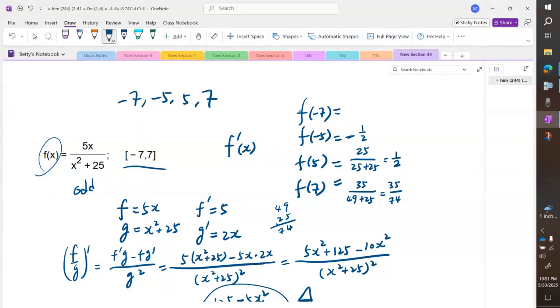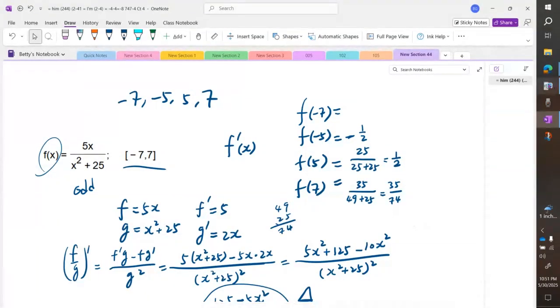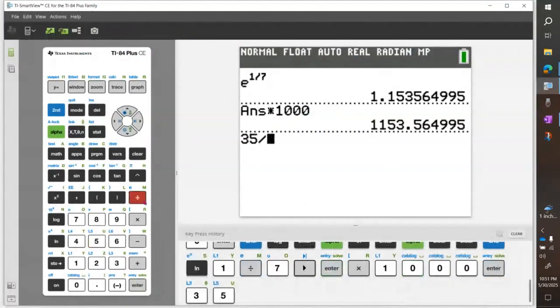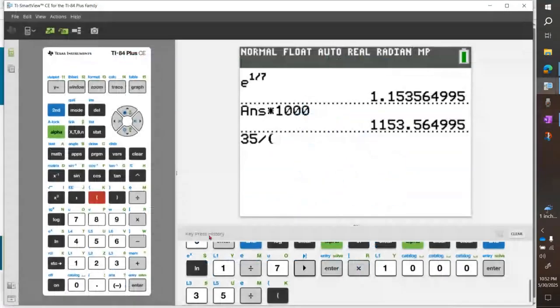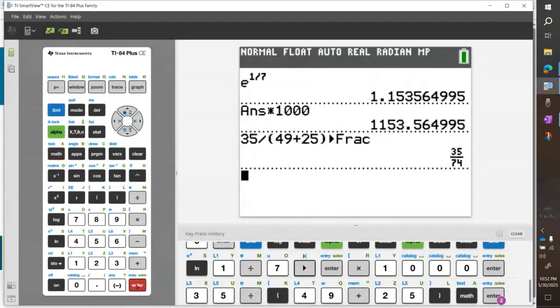I think it's already simplified, but I'm going to double check here. The TI-84 calculator has this very interesting, useful feature. 7 squared is 49 plus 25. I can use math fraction to help me calculate and simplify. 35 over 74.